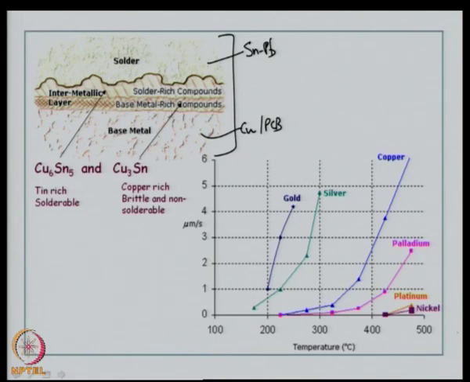That is why I have put this graph here to show typically temperature versus microns per second growth rate. As we move up the temperature, we can see the growth rate for copper is fairly high, and likewise for gold, silver, palladium, platinum, and so on.